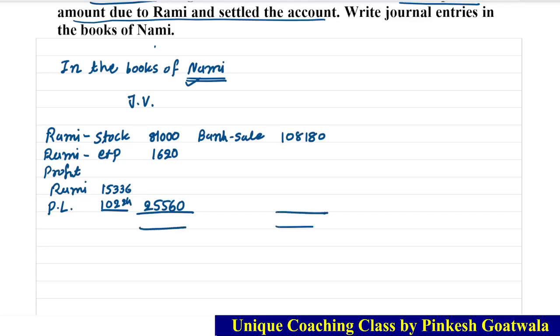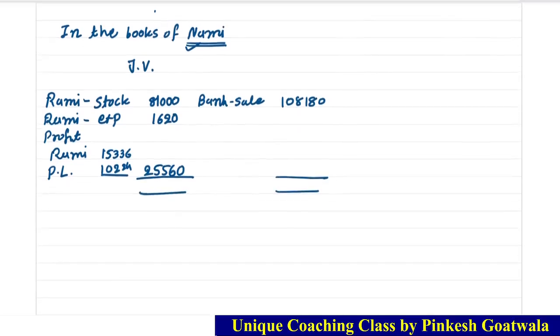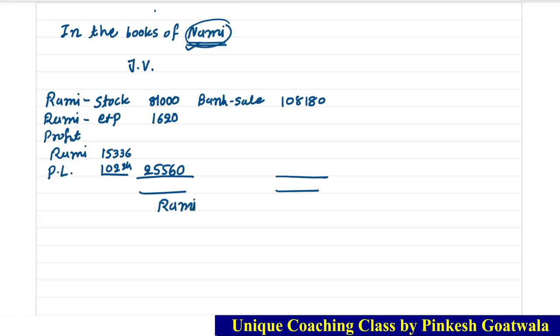So this way prepare the joint venture account, and since we write in the books of Nami, whose account do we have to prepare? Rami's account also has to be prepared. So let's transfer this entry: joint venture stock 81,000, joint venture expense 1620, joint venture profit 15,336. This bank entry will not come.